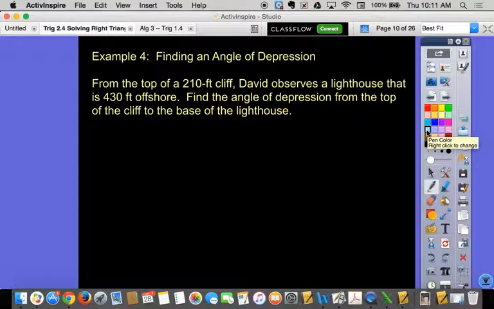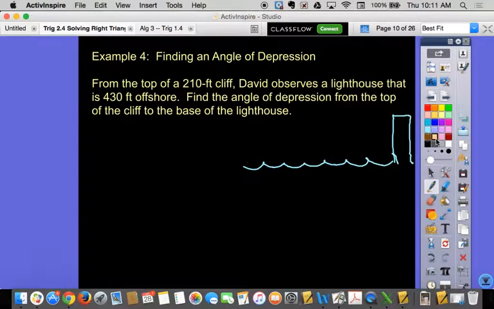I'll read the whole thing and write this down. So I got my little lighthouse. That's about as good as I can do for water. Oh, I did this wrong.